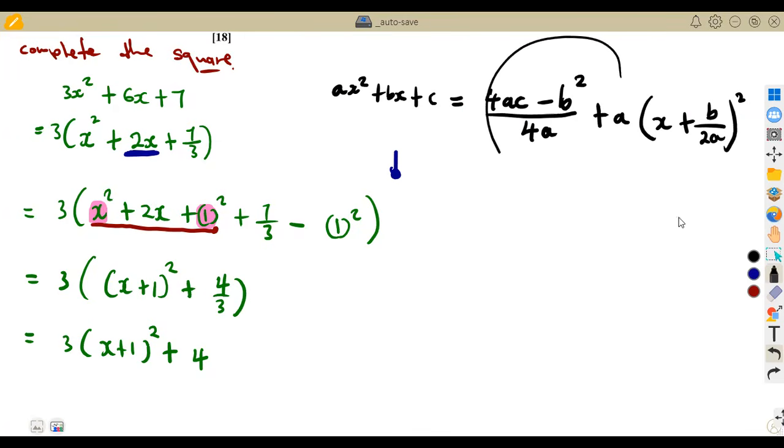I said this formula you are not given. They're not going to give you this formula. They do not have that so far.